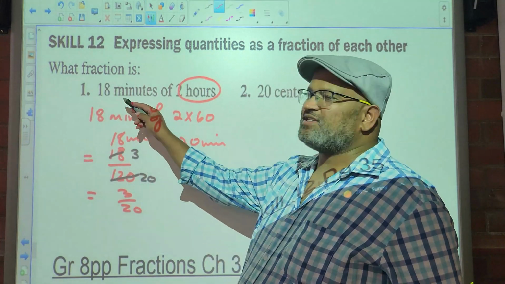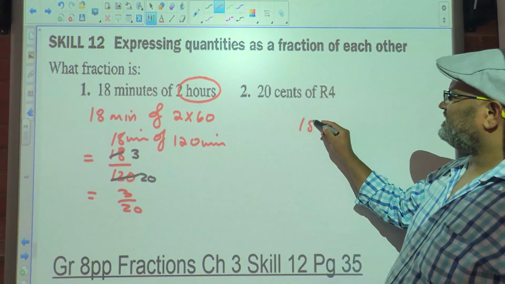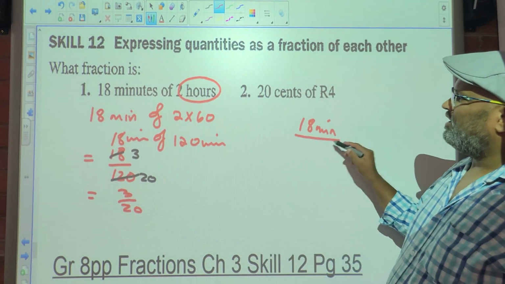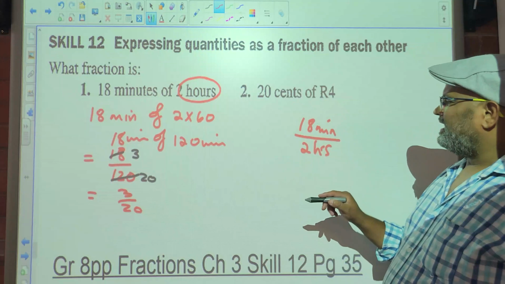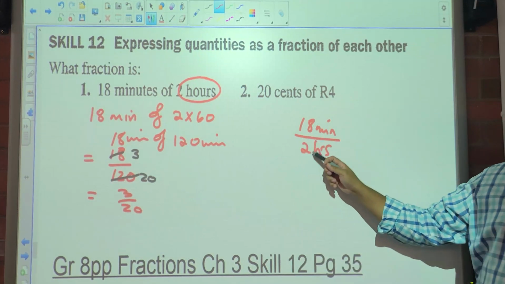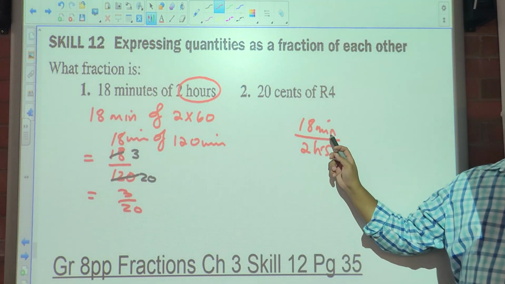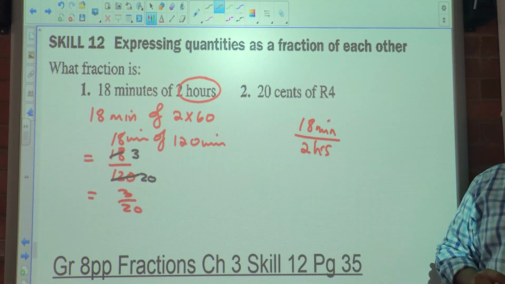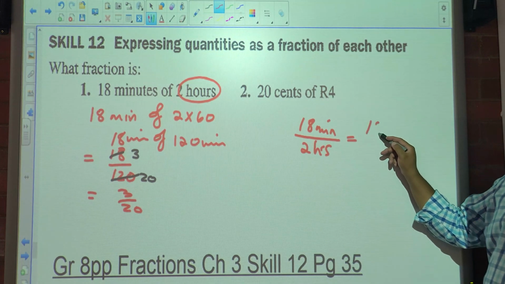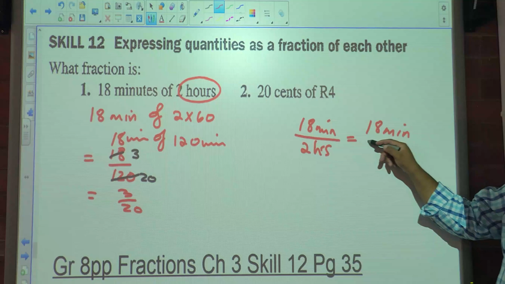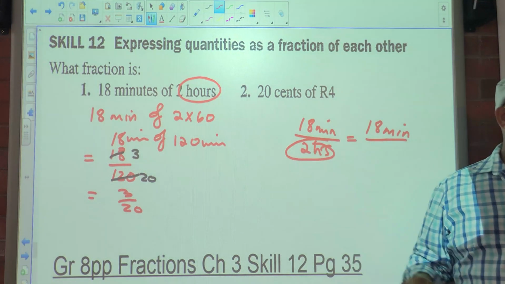They want you to write this as a fraction. So you're looking at 18 minutes over 2 hours. Now you can't simplify this because it needs to be in the same measurement. So we must convert this to minutes.